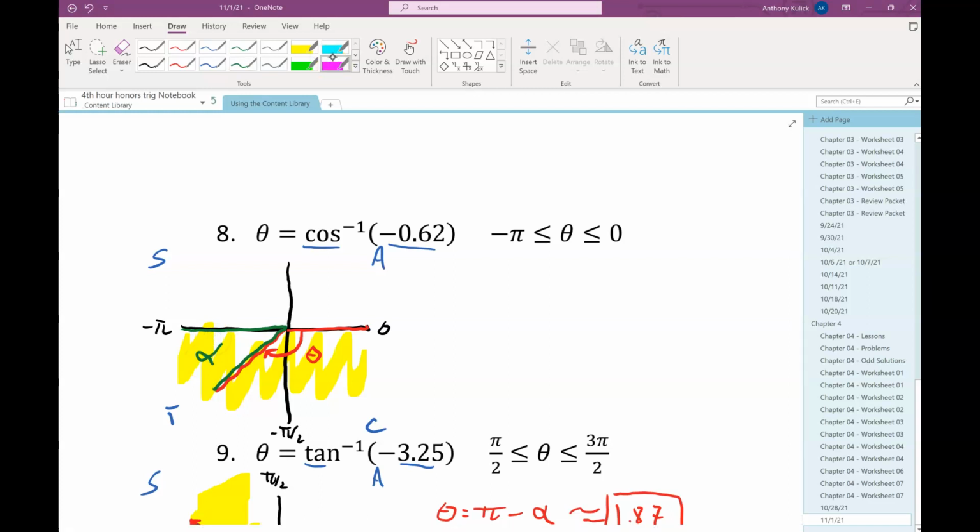And now, to write my equation, I notice that the last axis that theta went through was vertical, but because theta is negative, instead of subtracting alpha, I'm really going to be adding. So I'm going to have negative pi plus alpha.